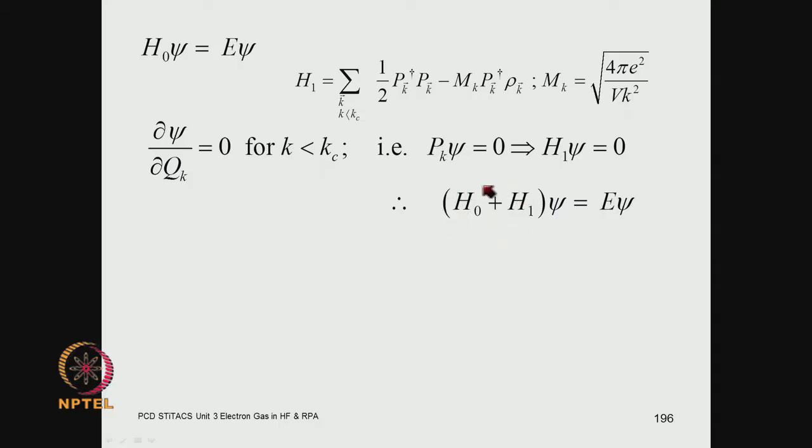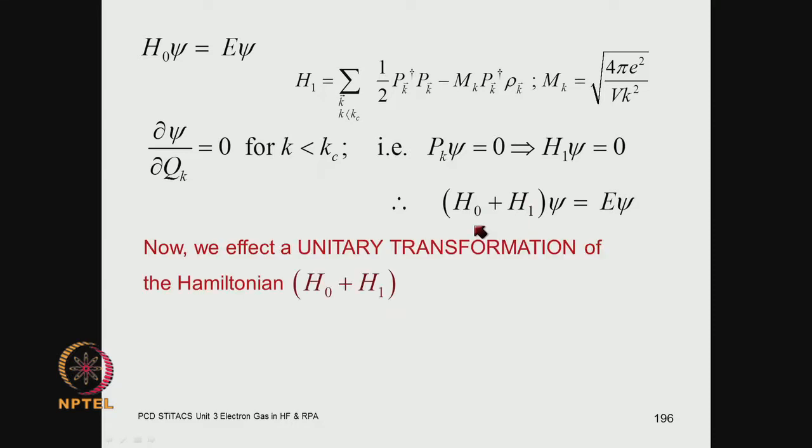So, this is now the description of the system in terms of this h0 plus h1, and now we will seek a unitary transformation of the Hamiltonian. Now, the Hamiltonian that we are now working with is not just h0, but to that we have added an auxiliary Hamiltonian, which retains the form of the Schrodinger equation intact.